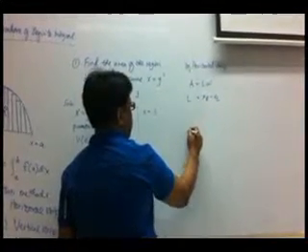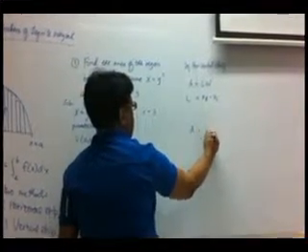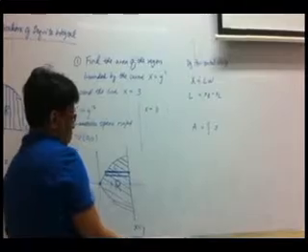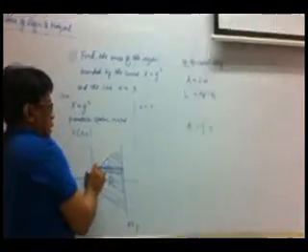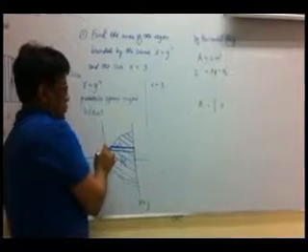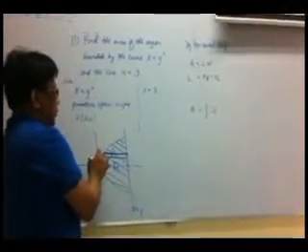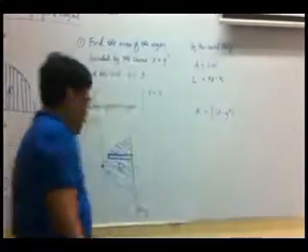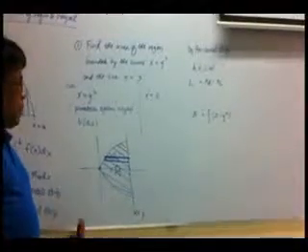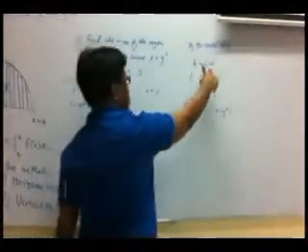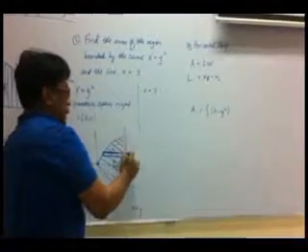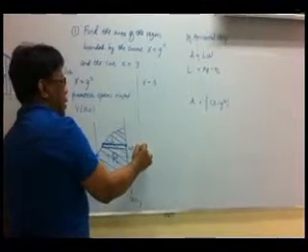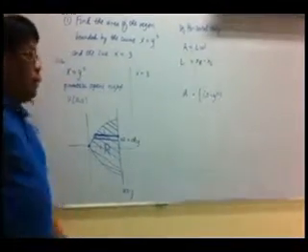From the given figure, abscissa right is the line x equals 3, and we have the abscissa left, which is the graph of the given curve, y squared. Then what about its limits now? For the width, this is the width. Since it is a horizontal strip, this can be represented by the variable of integration dy.